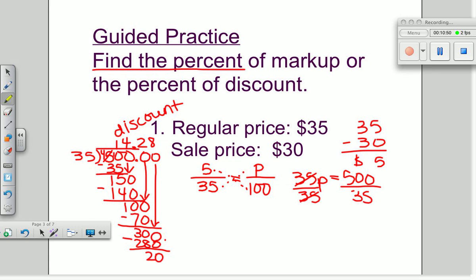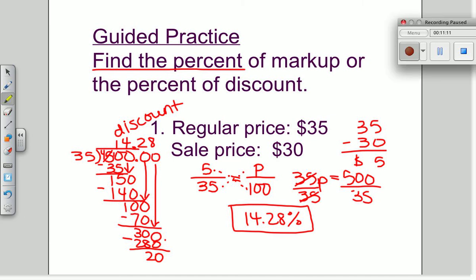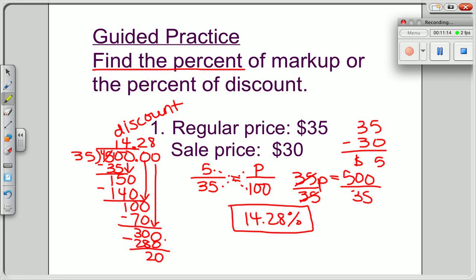We'll stop there. So the percent is about 14 and 3/10 if we're rounding. So that's the amount of the discount. If you were going to round this, you would round it to 14 and 3/10%. Okay?